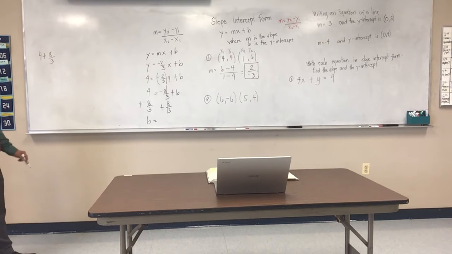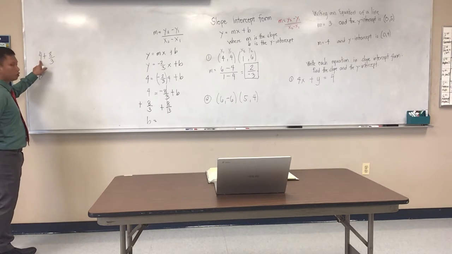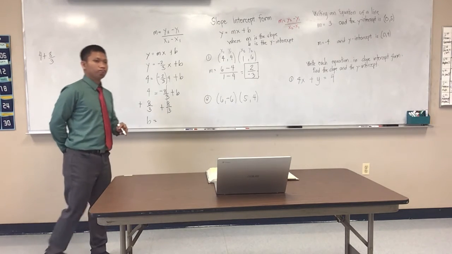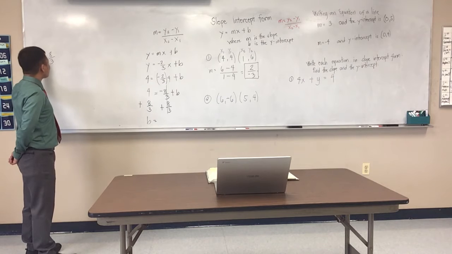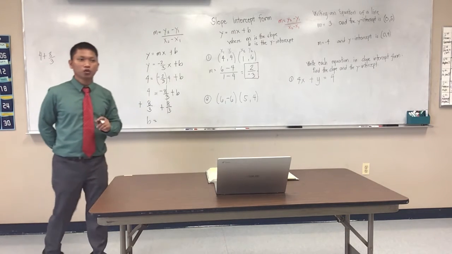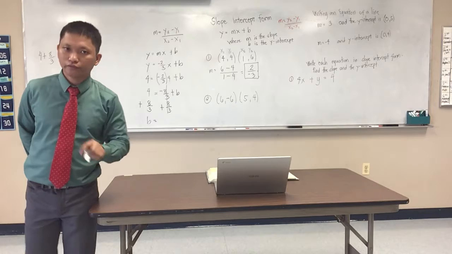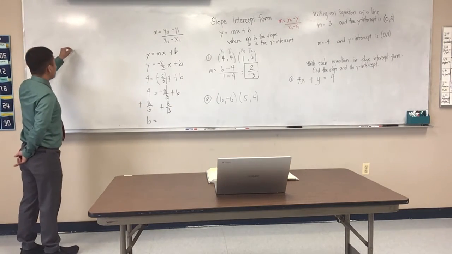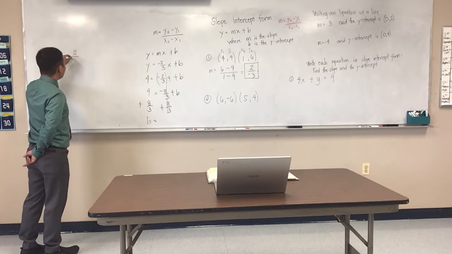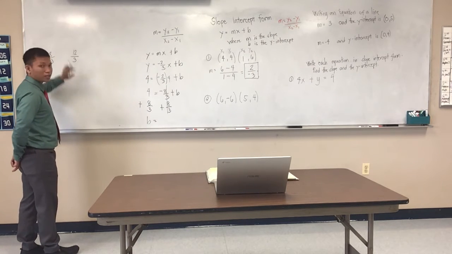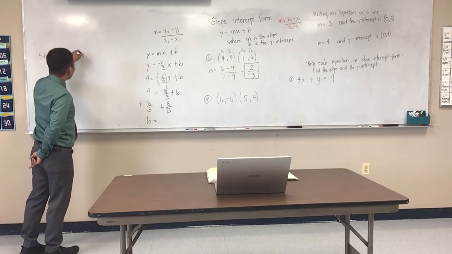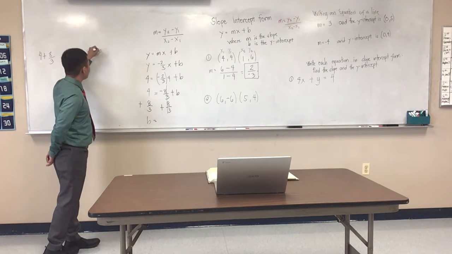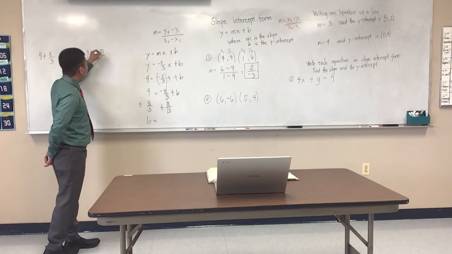Okay? How are we going to add 4 to 8 over 3? We just make this 4 an equivalent fraction that has a denominator of 3 so that it would be easy. 4 is equal to 12 over 3, which is the same as 4. 12 over 3 plus 8 over 3, that would be 12 plus 8, you have 20 over 3.